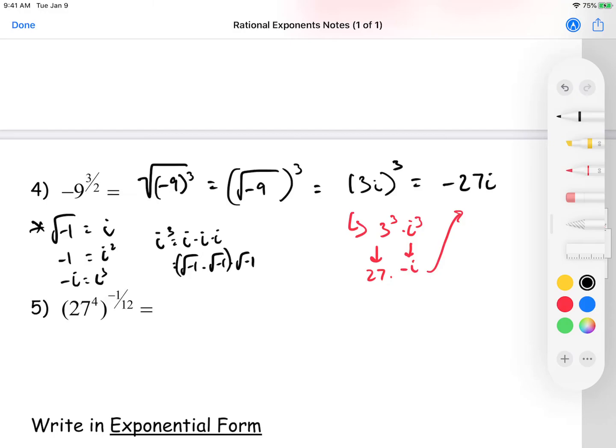If I think about the square root of negative 1 times the square root of negative 1, if I square those, that just becomes negative 1 times the square root of negative 1. So another way of thinking about this, this is negative 1 times i, negative square root of negative 1 is i, so this is just negative i. Okay, make sense? So I'm going to have to erase that just because I need to work on the next problem.